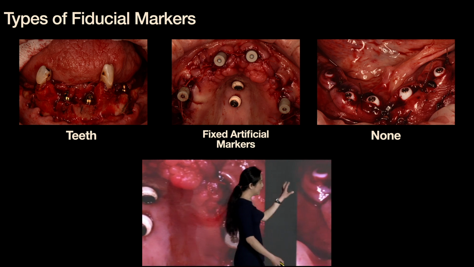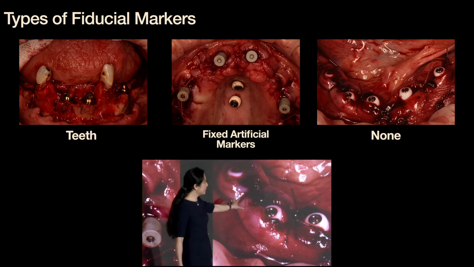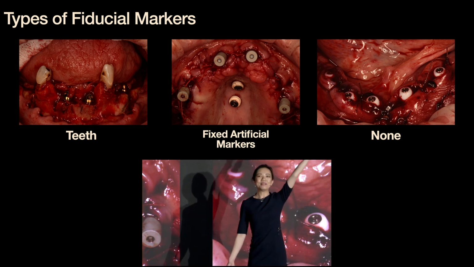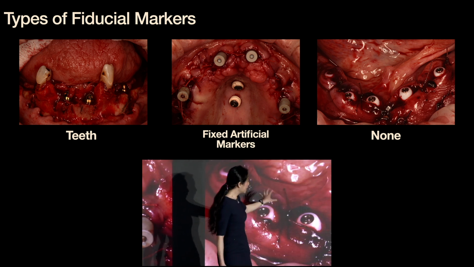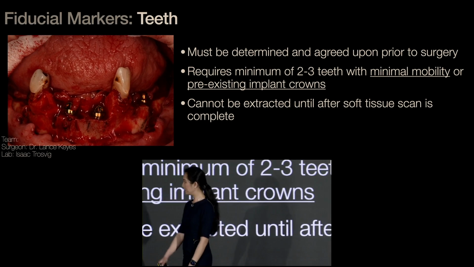And the problem when we have none is, as I'll show you shortly, if we don't have any kind of data to relate back to the patient, now we just have floating implants in the air that don't have anything to do with the patient. When we have none, there is a workaround, and I will show you just shortly after this.